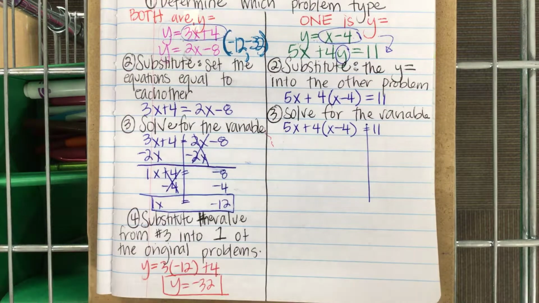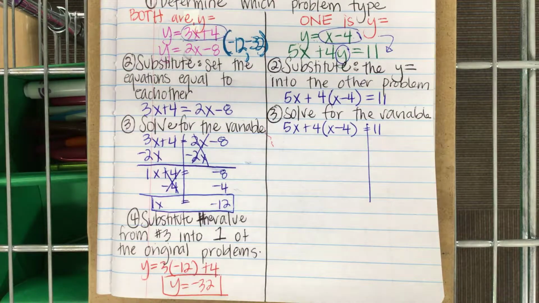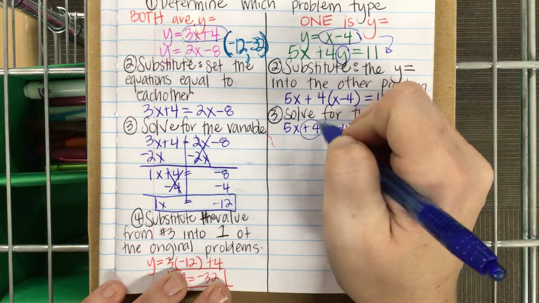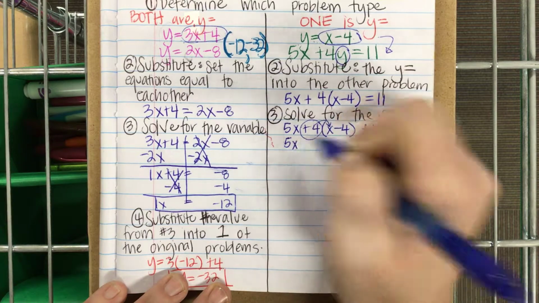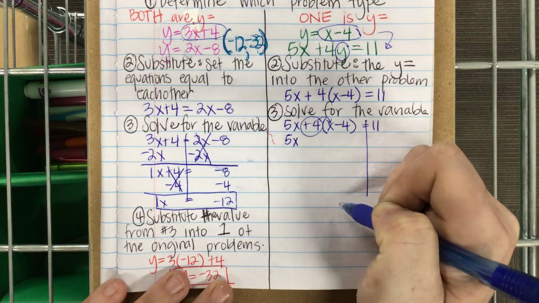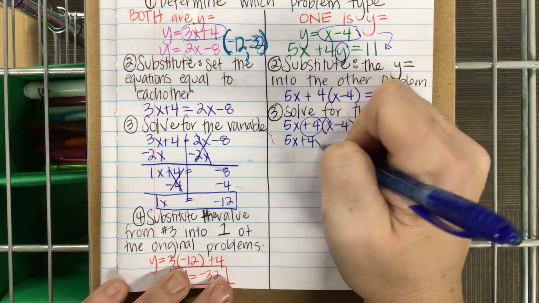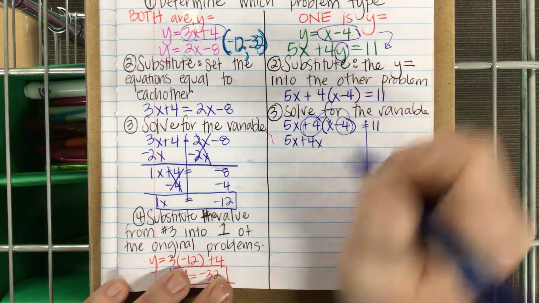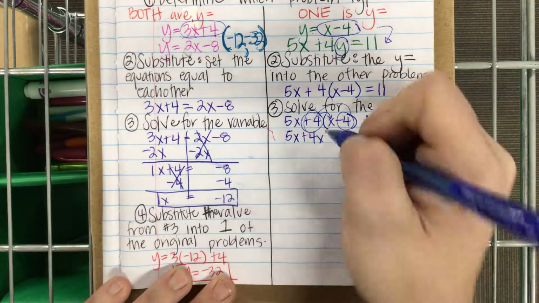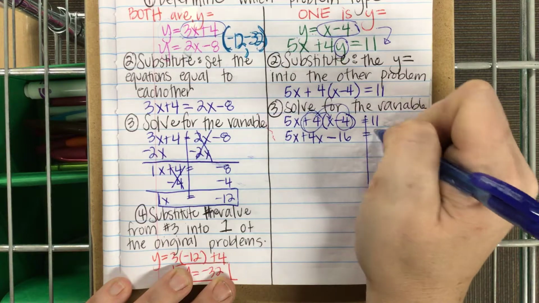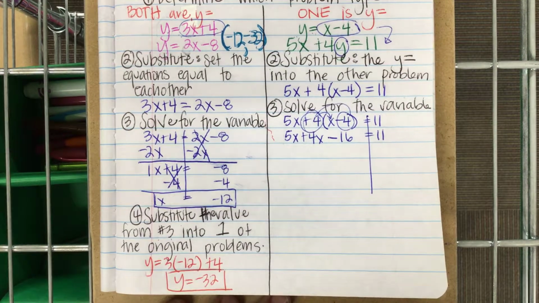What do I do first? Multi-step problem. Get rid of the parentheses, so distribute, right? 5x, what's 4 times x? Plus 4x. What's 4 times negative 4? Minus 16 equals 11. Am I done yet? No. Now what?